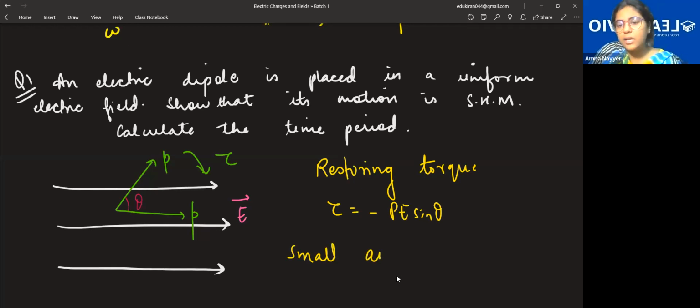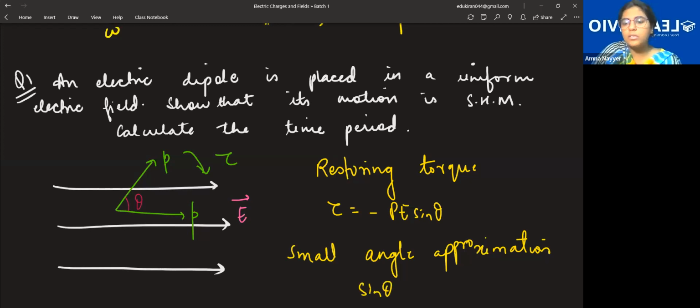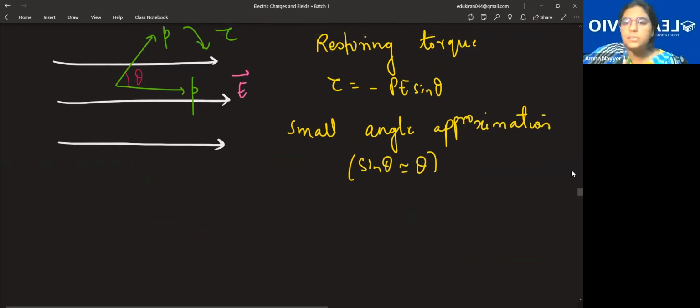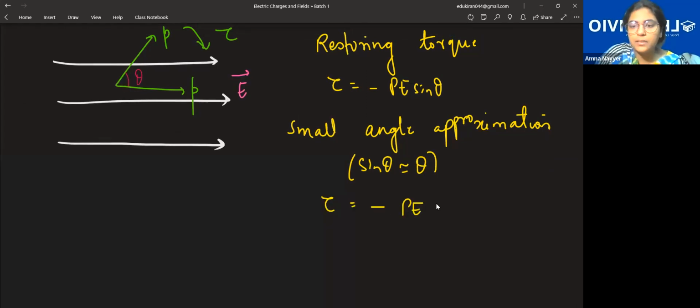There is one small angle approximation. Small angle approximation basically says that when the angle is very small, less than 15 degrees, then tan theta or sine theta is approximately equal to theta. So you can replace this sine theta, because when the dipole is moving, a very small angle is produced. So we say that this torque is equal to minus PE theta.